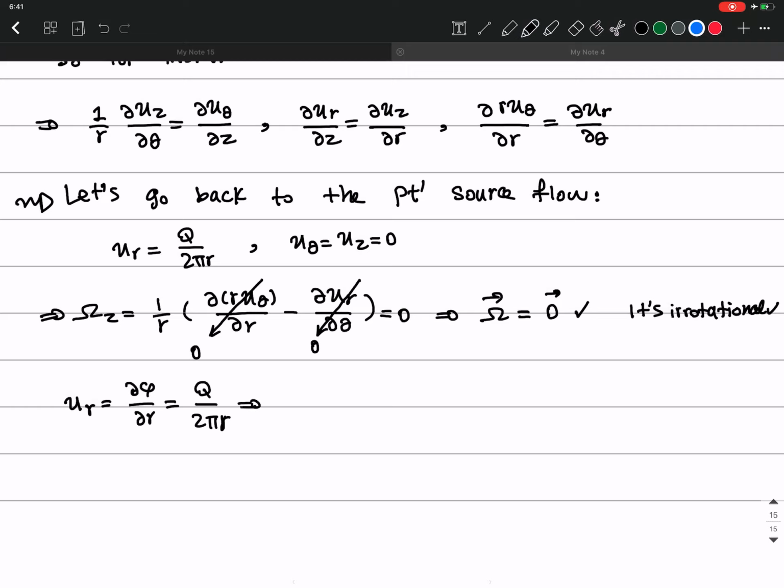So now it's simple integration. So phi is going to be Q over 2 pi logarithm of R.